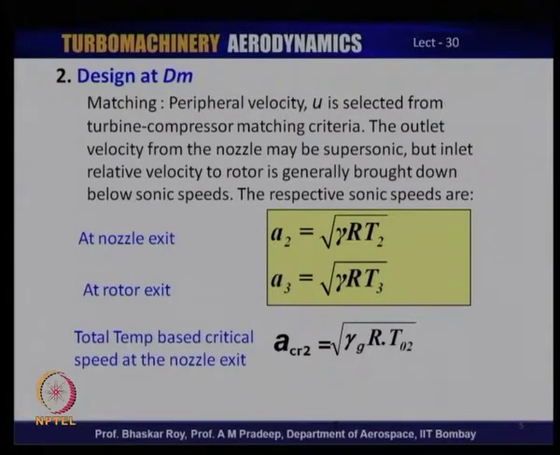Now, once you do that, given the annular space that is available near the combustion chamber, let us say for HPT, the median of that space is the D mean, and the corresponding U mean would come out of that particular selection process.